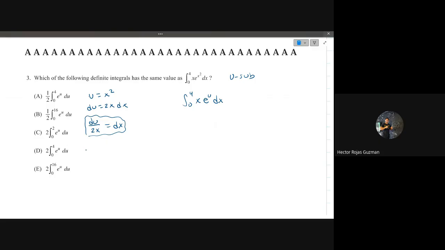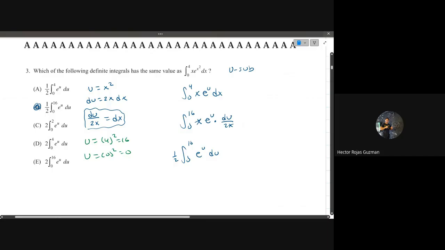It looks like that's what this problem is going to require. So u is equal to x squared, but if I plug in a 4, I get 16. And then u of 0 is 0. So my integral is going to be from 0 to 16 of x e^u times du over 2x. The x's cancel each other out. The 1/2 you can pull out of the integral, and that gives us b.